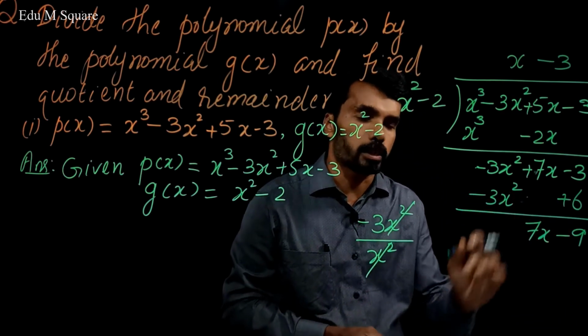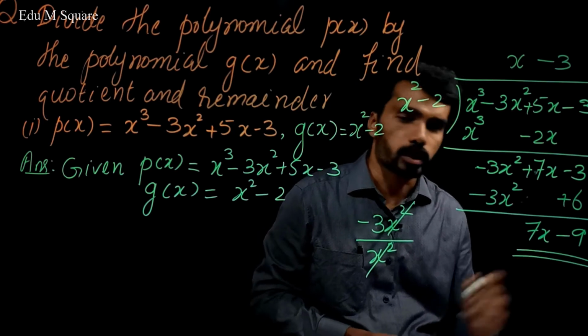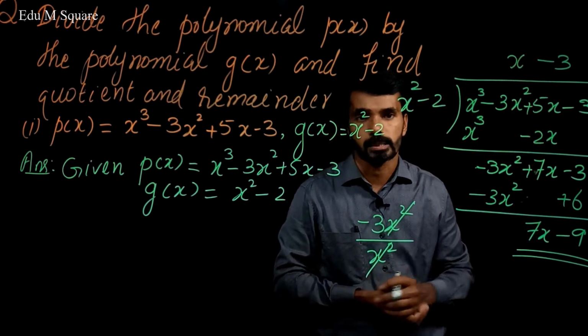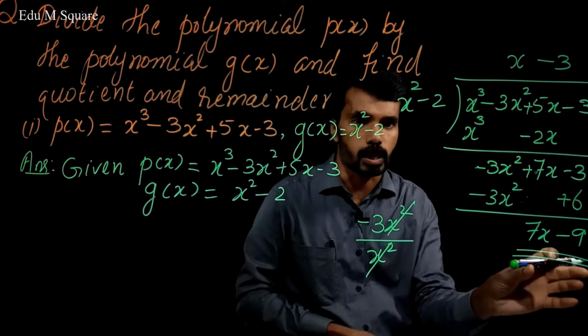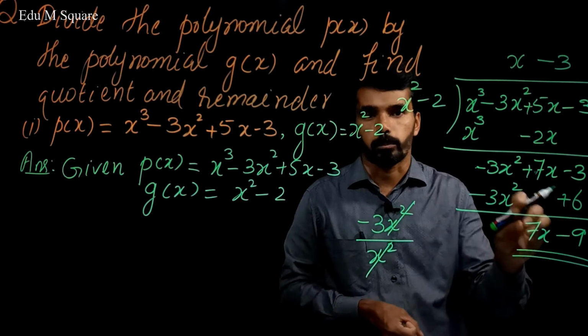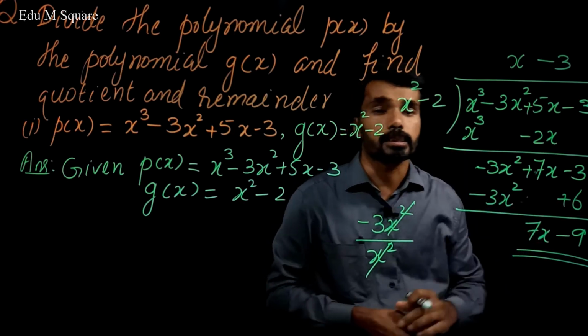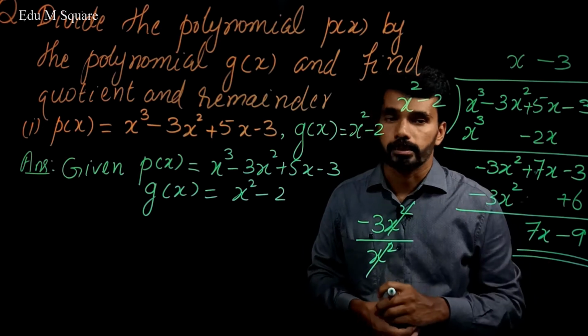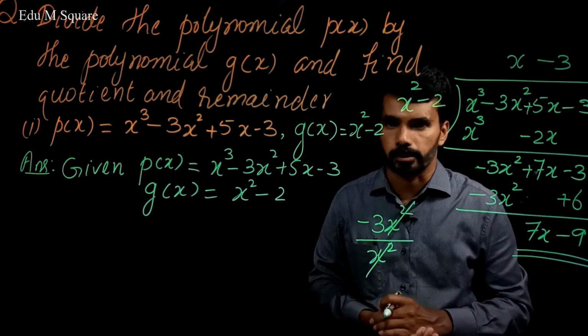So let us stop the division process there. We continue this division process till we get a 0 as the remainder or the degree of the remainder less than the degree of the divisor. Here it is less than, right? So the division process ends here.